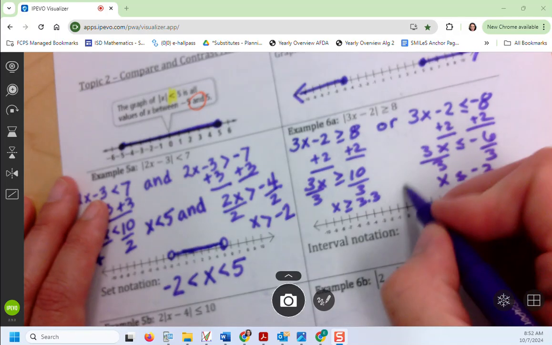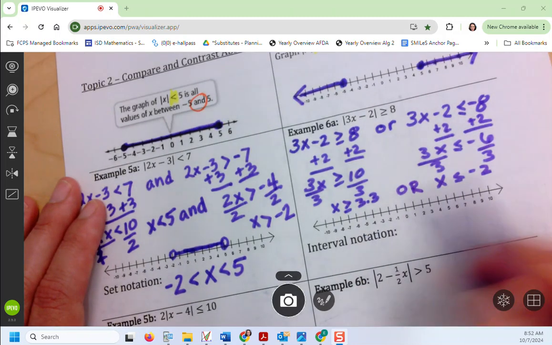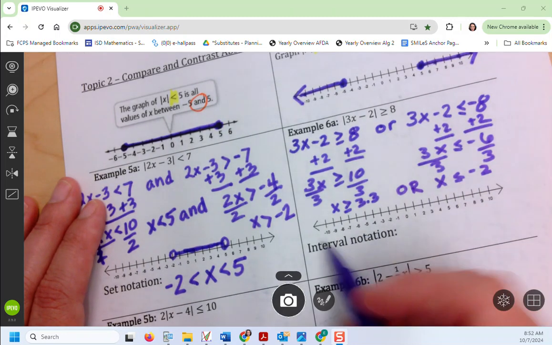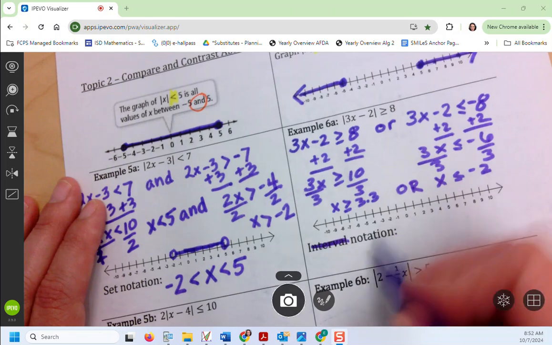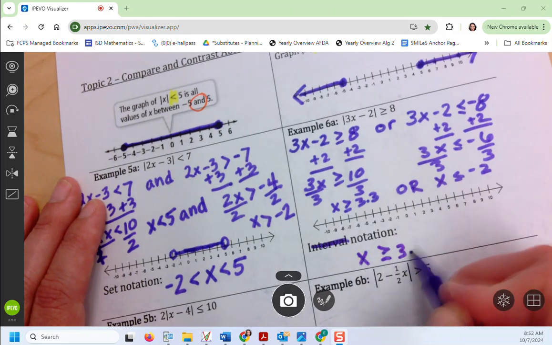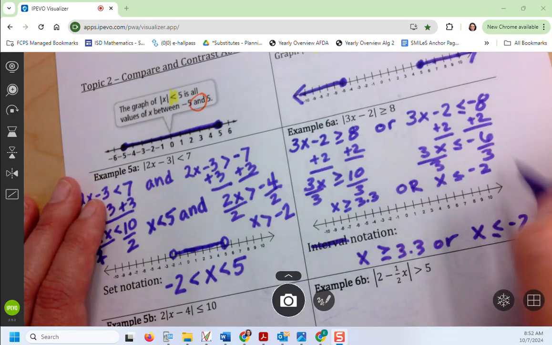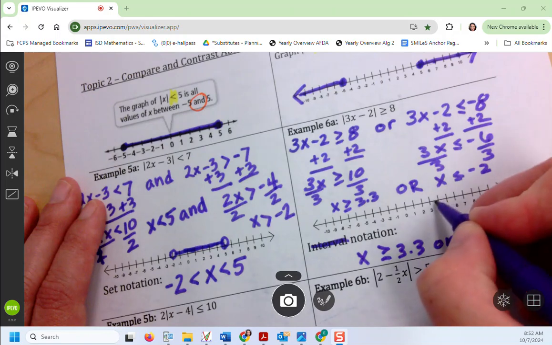Now, because this is an or, we cannot put it together in one statement. So it could be like this. I actually don't usually write it in interval notation, so I'm just going to write it that way. So x is greater than or equal to 3.3, or x is less than or equal to -2. So 3.3 is going to be here-ish.